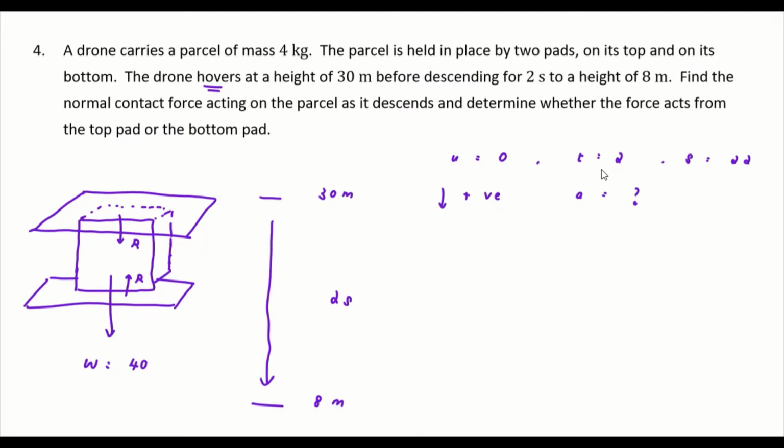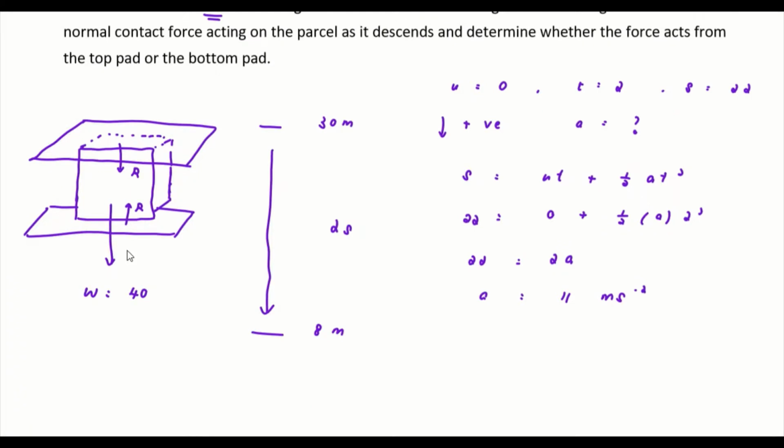In this case, yes, so we can straight away use the formula S equals ut plus half at squared. u is 0, then plus 1 over 2, a is what we want to find. S is 22 here, then t squared is 2 squared. So 22 will be equal to 2a, so our acceleration is 11 meters per second squared.